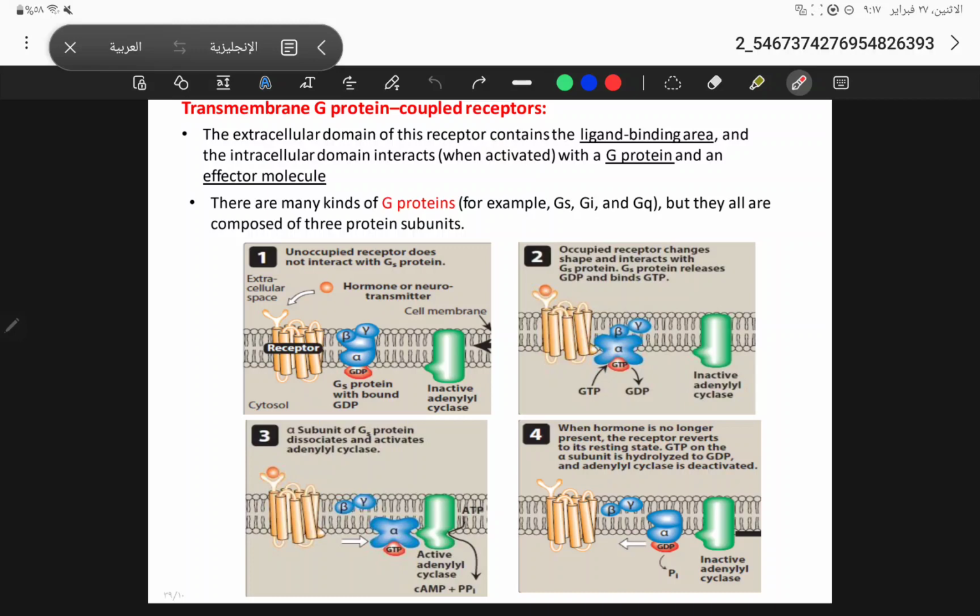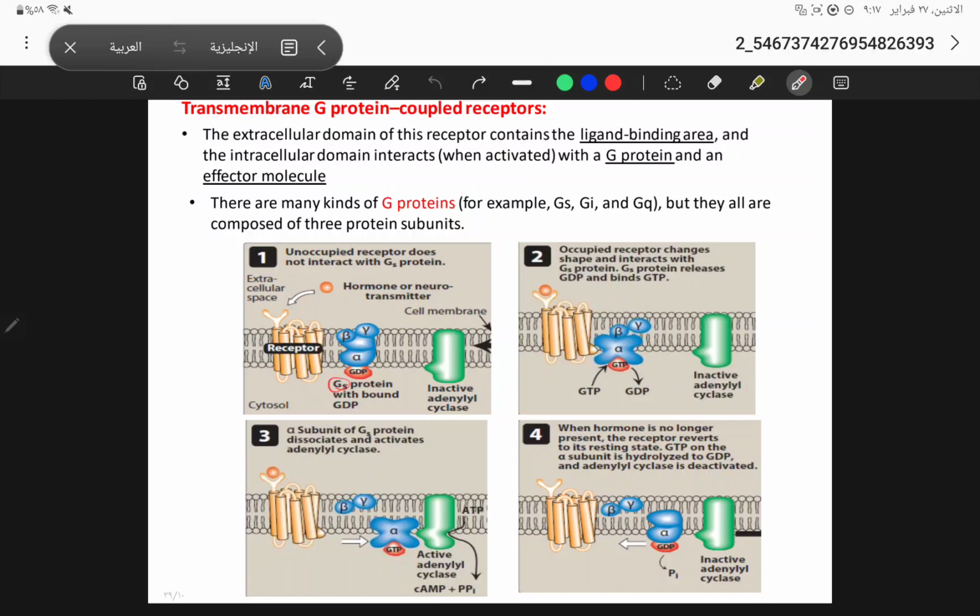G protein S is from S for stimulator. That means it stimulates the activation, and it mainly includes G protein coupled receptors related to the activation of the second messenger system, the adenyl cyclase enzyme.